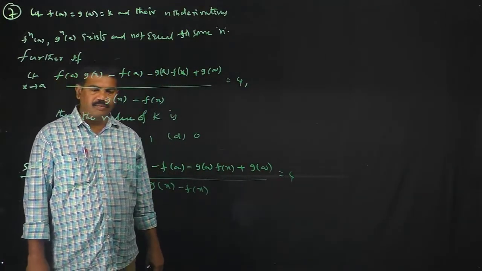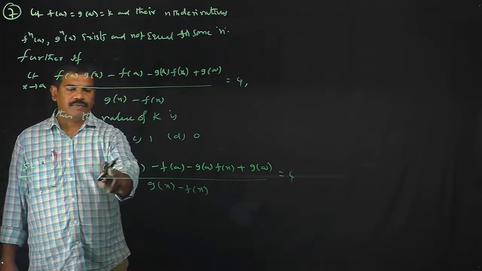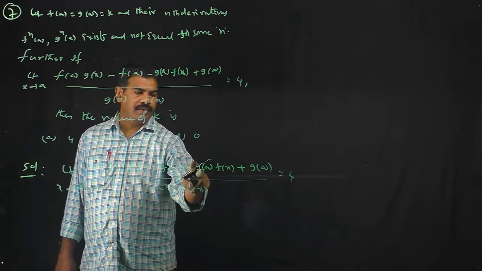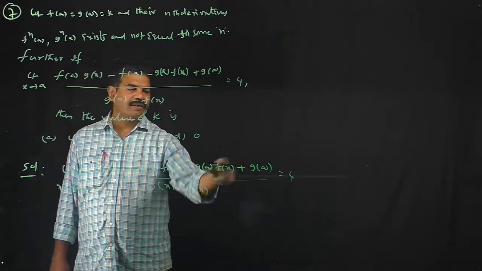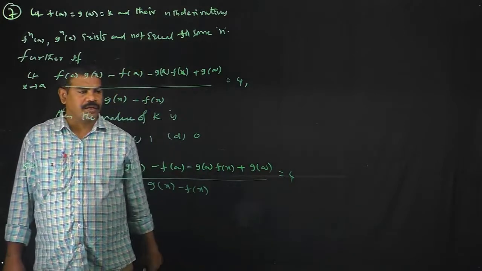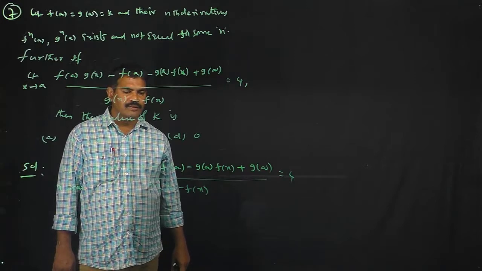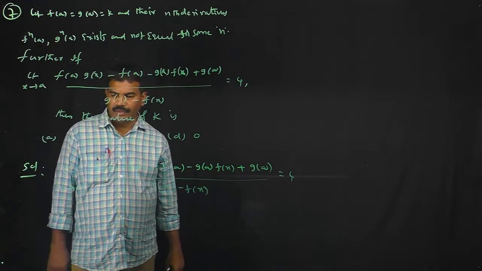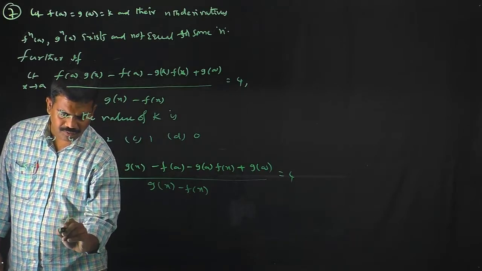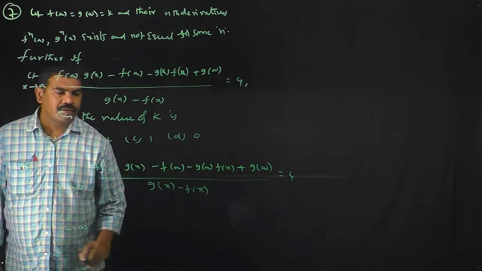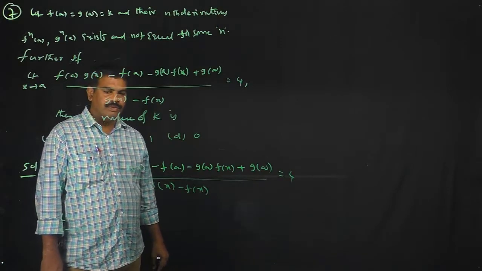Both numerator and denominator go to 0, because f of a into g of a minus g of a into f of a are cancelled, and minus f of a plus g of a, both are equal to k, minus k is 0. Both numerator and denominator are 0 by 0 form. Now we use the L'Hospital rule, that is differentiating both numerator and denominator individually.